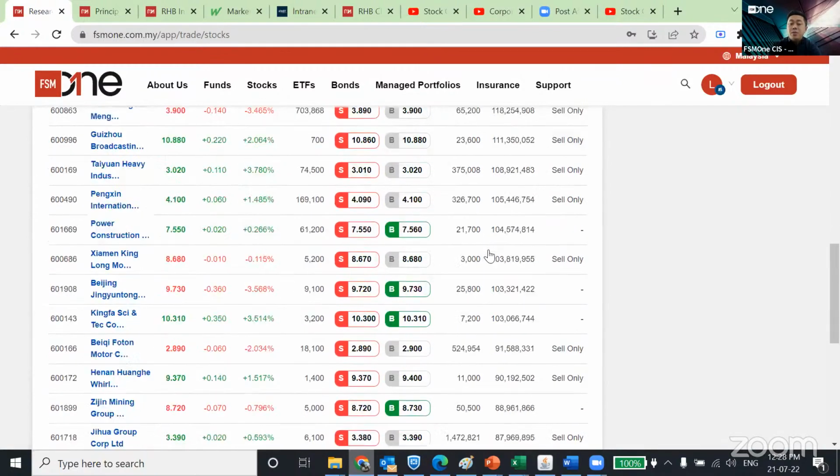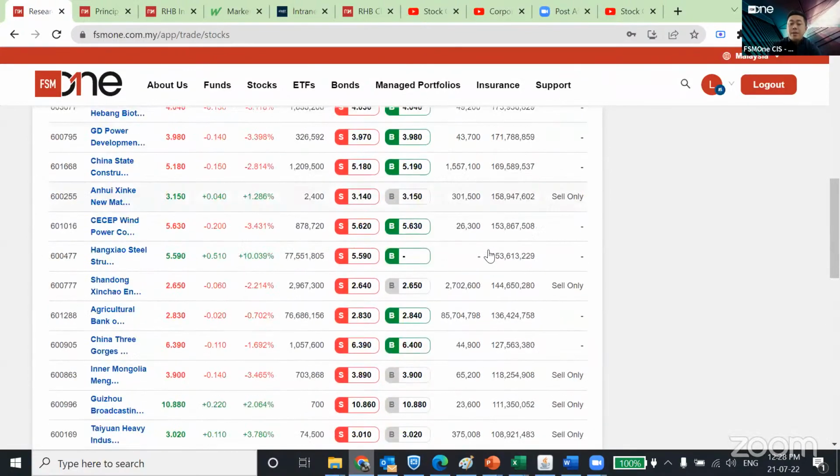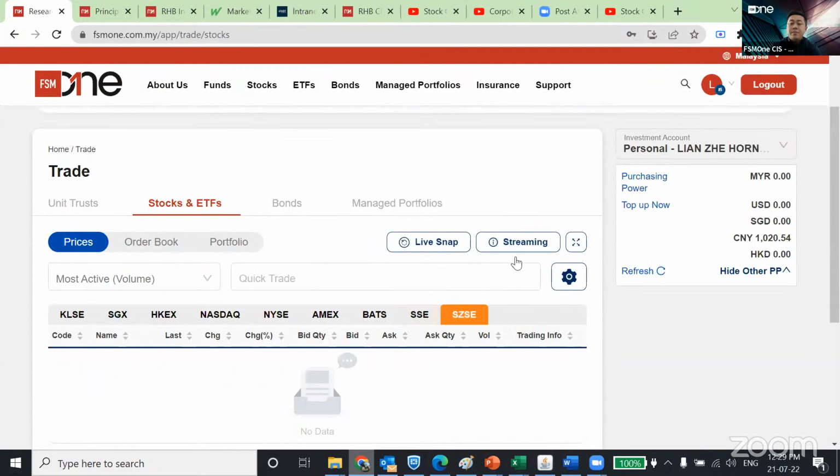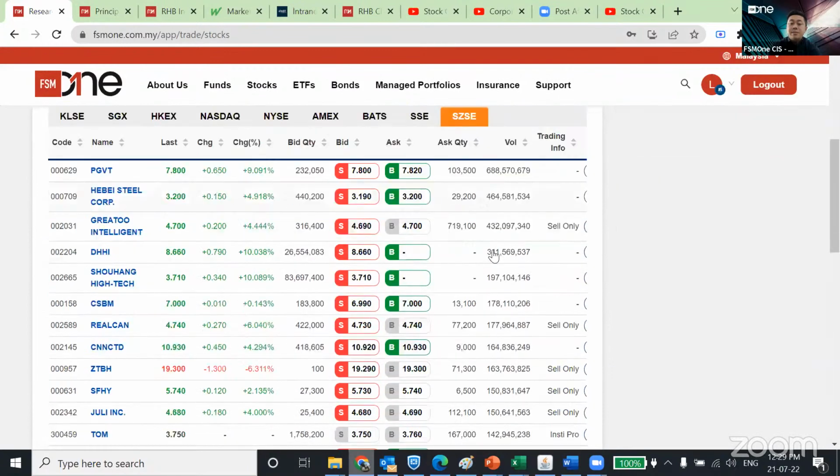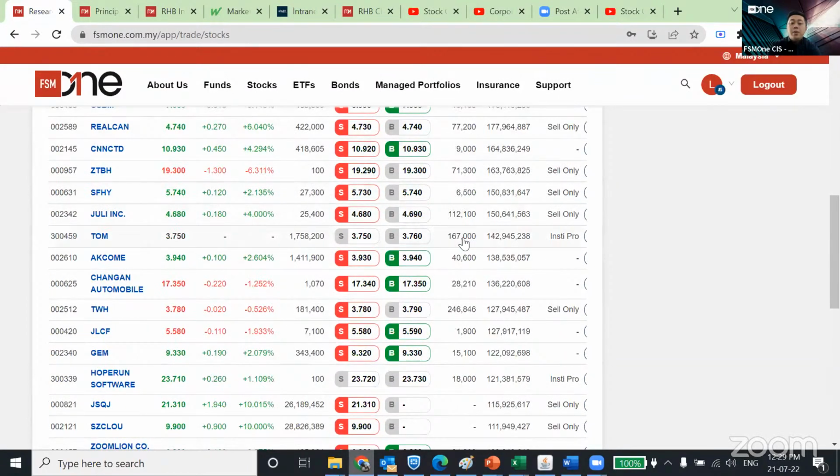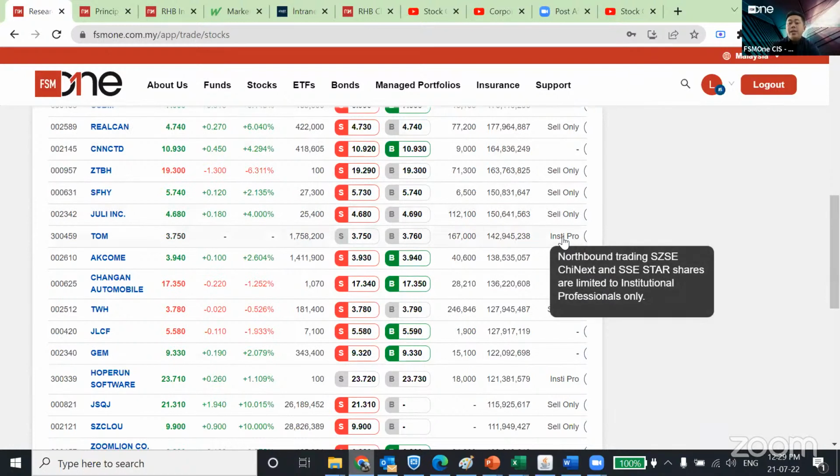You will also notice that for some stocks, you are not able to either buy or sell. This particular stock is only applicable for institutional or professional investors, because this company is listed under ChiNext and also the STAR Market.